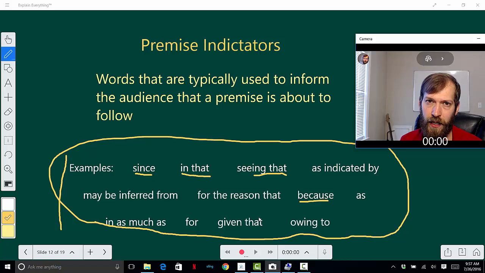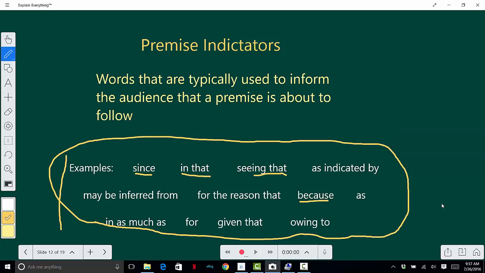Are they trying to tell me that a premise is going to follow afterwards, or that a conclusion is going to follow afterwards? And that'll probably really be enough, or at least go a very long way in better analyzing and picking out the different parts of an argument. So now let's take a look at conclusion indicators.